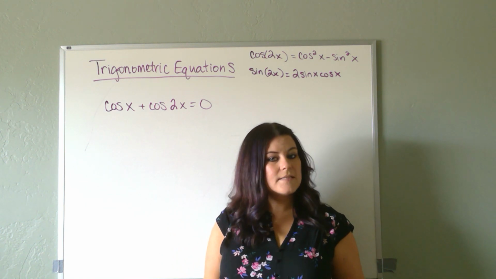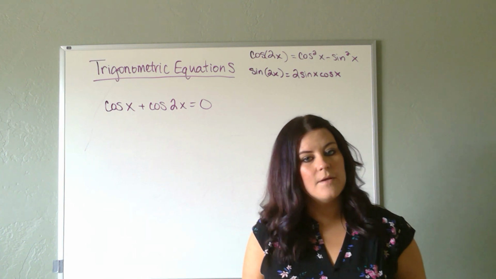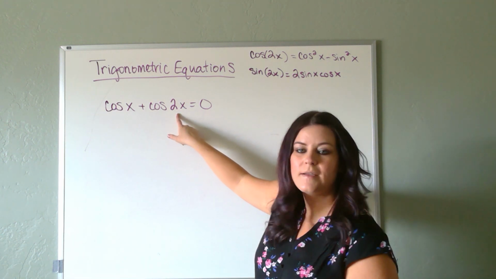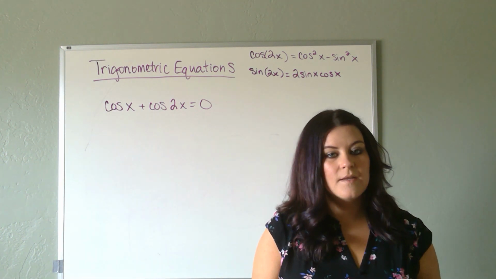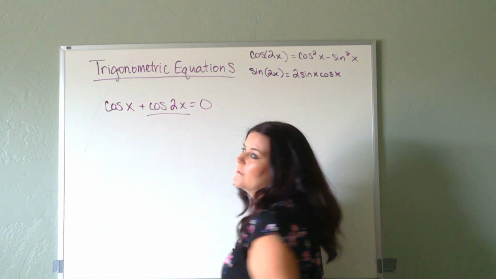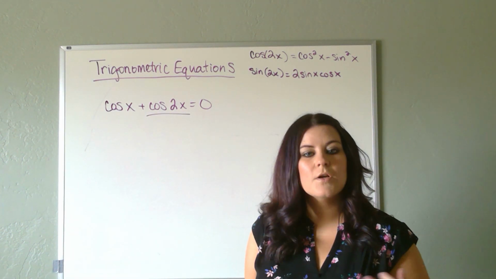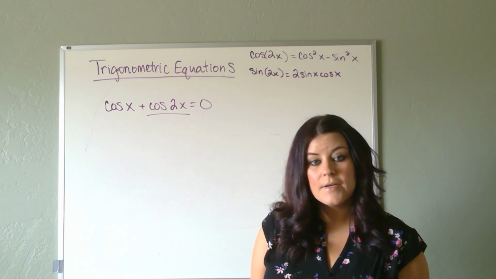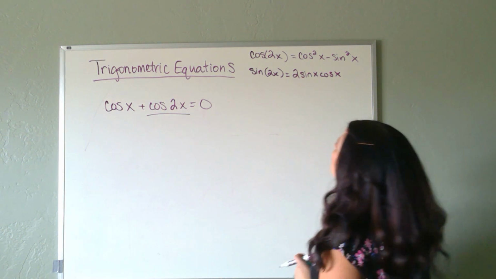But instead, what I'm going to do is go a different route. What if I could take this 2x and write it in a different way? That's where we use our identities. So I say, oh man, I don't want a 2x in my problem. I just want cosine x in my problem. How can I make that happen? Well, look here.